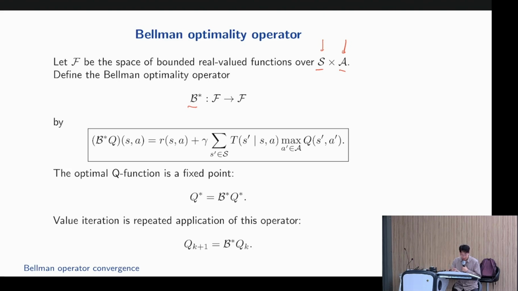Like I said, you can think about Q as just a 2D NumPy array, and this operator is just some dynamic programming algorithm that, for a given location in the array, tells you where to look in the array itself and does some computation to update the value. So that's the definition. B star of Q is the immediate reward plus the discounted expected next state optimal Q value for the next state and optimal action.